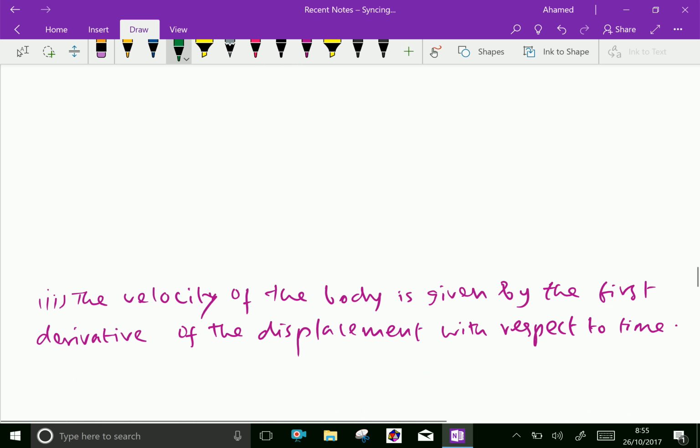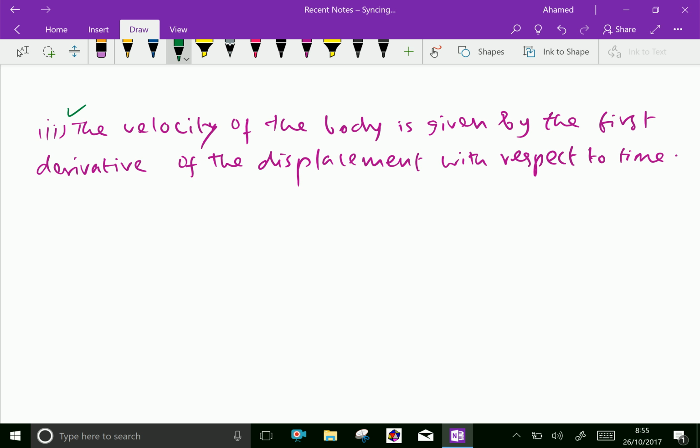Now the second one. The velocity of the body is given by the first derivative of the displacement with respect to time. We know that velocity v equals ds by dt, meaning change in displacement with respect to time, or ds equal v dt.